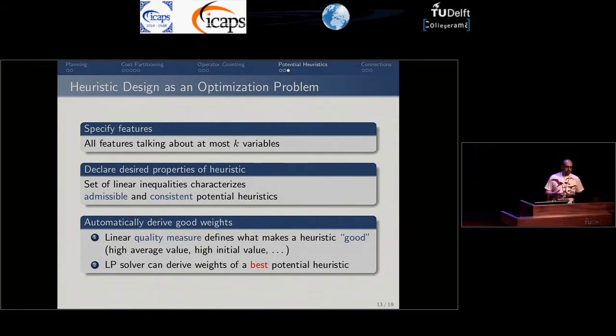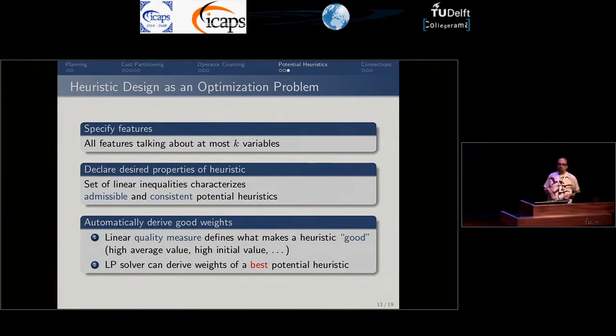And since these are all linear constraints, we can also define a quality measure that tells us what it means for a heuristic to be good. And if this is also a linear equation over these weights, as for example the average value or high initial value or high value in a certain set of sample states, then we can use an LP solver to optimize these weights under the conditions that the heuristics have to be admissible and consistent.